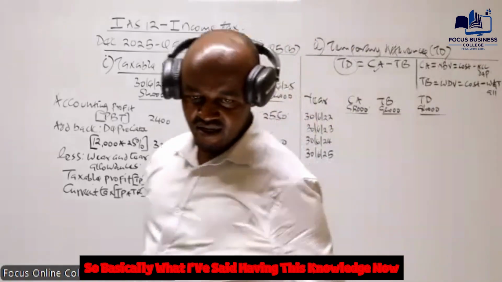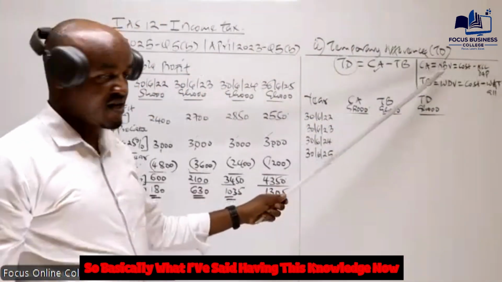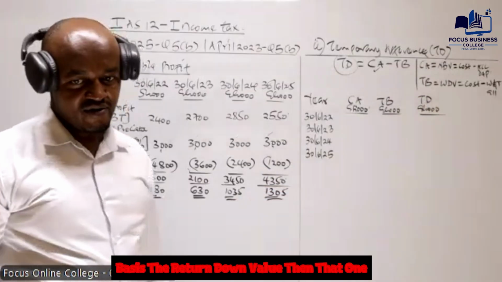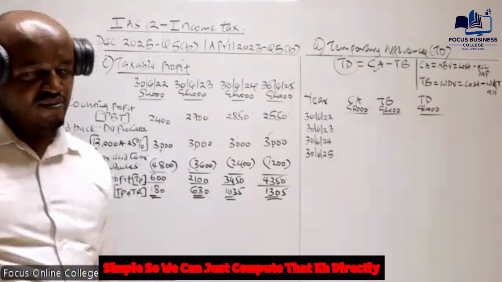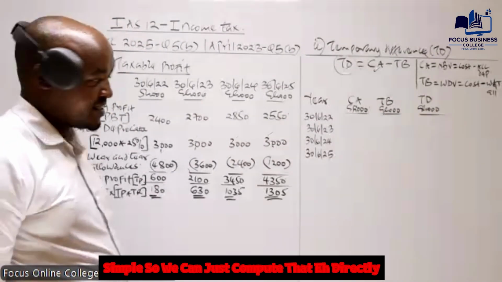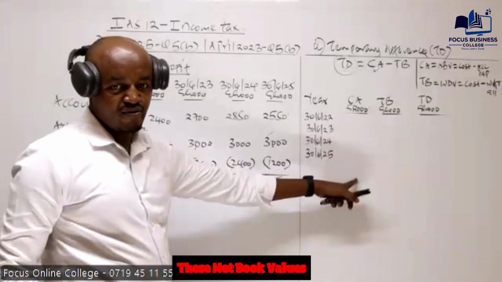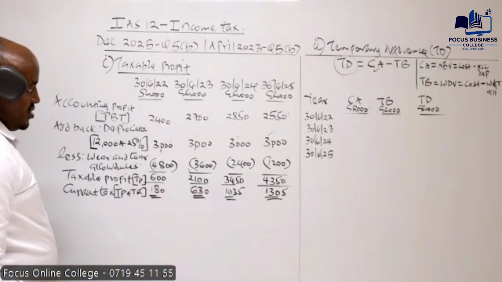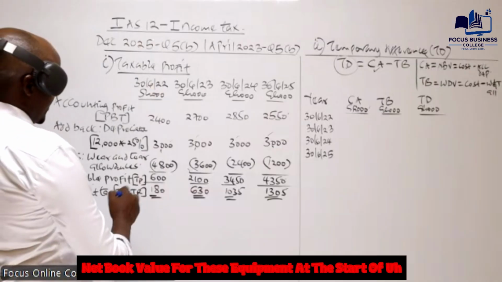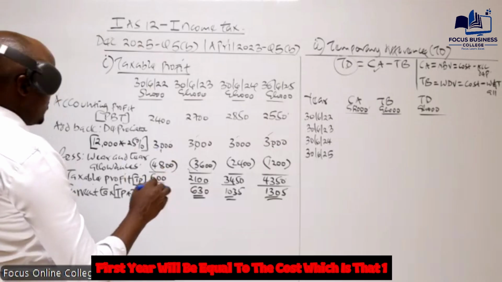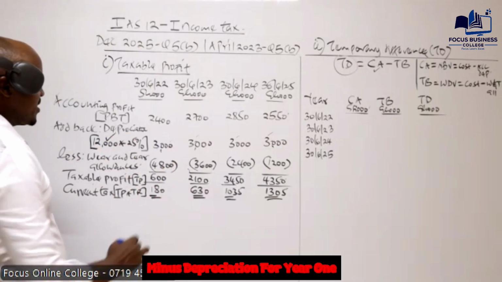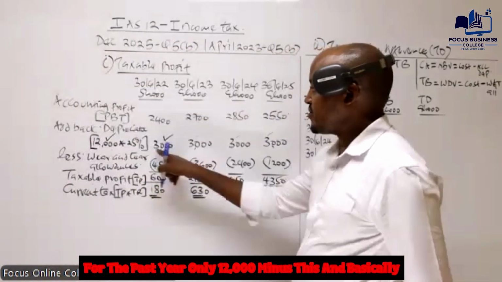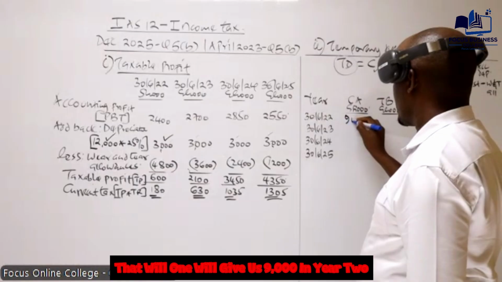So having this knowledge now that carrying amount is the net book value, and tax base is the written down value, then that one becomes quite simple. We can just compute that directly. In the first year, we start by computing the net book values, which is equal to the cost minus accumulated depreciation. So the net book value for this equipment at the end of the first year will be the cost, 12,000, minus depreciation for year one, and that will give us 9,000.